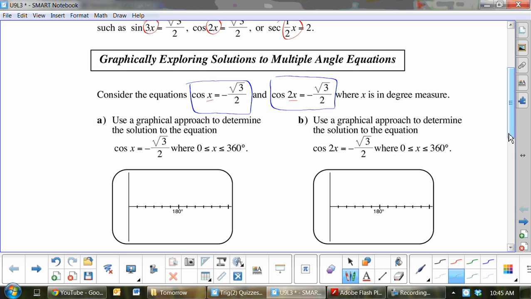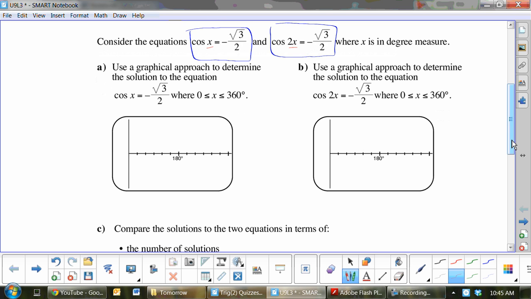Now, how does that affect things? Let's do cos x first. Here would be 1, and this would be negative 1. We know that cos x starts high, goes through 90, 180, where it's down to negative 1, and then 210, 240, 270, it's up here.